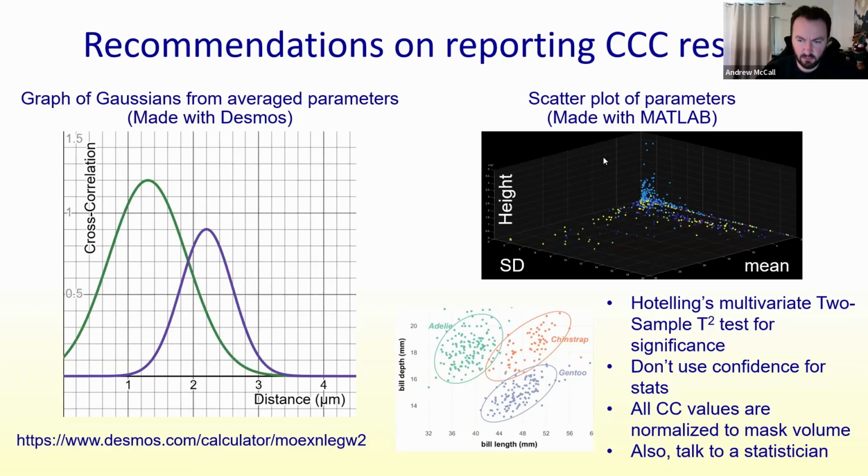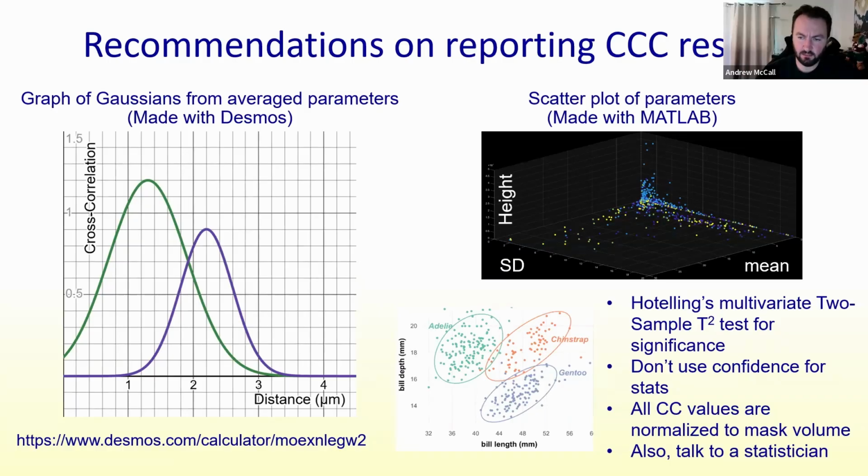If you want to see the variation and to do stats on this, what you want to do is actually make a scatter plot of the three parameters for the Gaussian curve, the height, the mean, and standard deviation. You don't have to do all three. There are definitely reasons you may want to omit the height, such as you do not have equal intensity across the images. So if your green channel is a transfected channel, those can vary a lot in intensity.